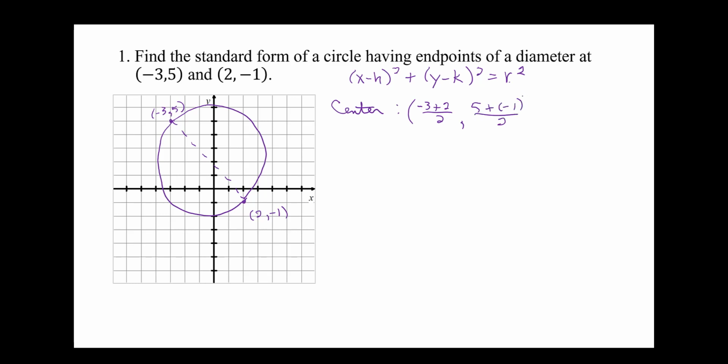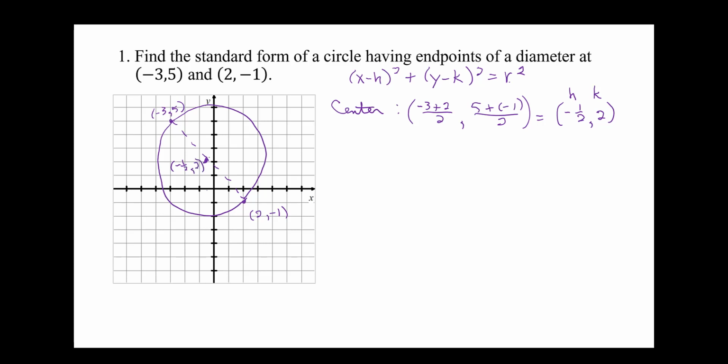This gives us a center of -1/2 and 2, it looks like. So our center, our (h, k) here, is (-1/2, 2). So I'll mark that on our graph here, about right there.